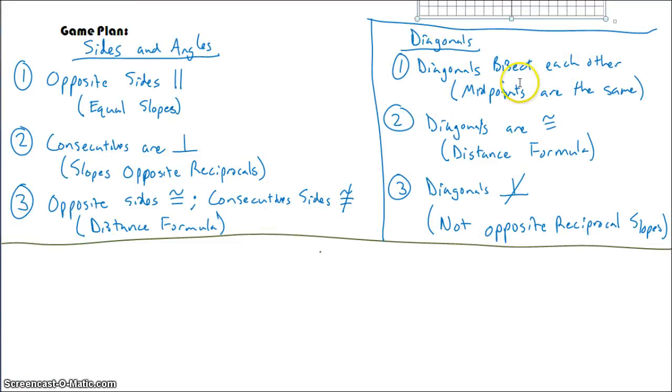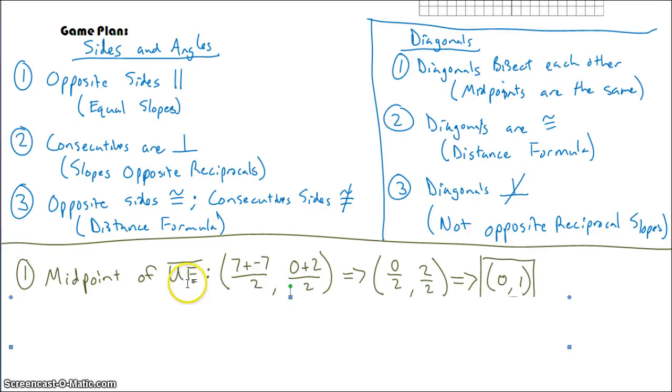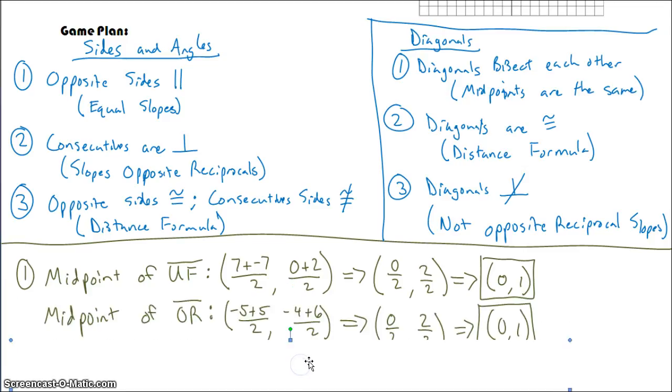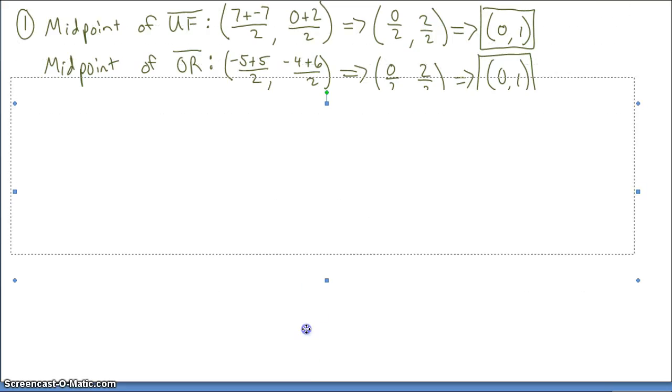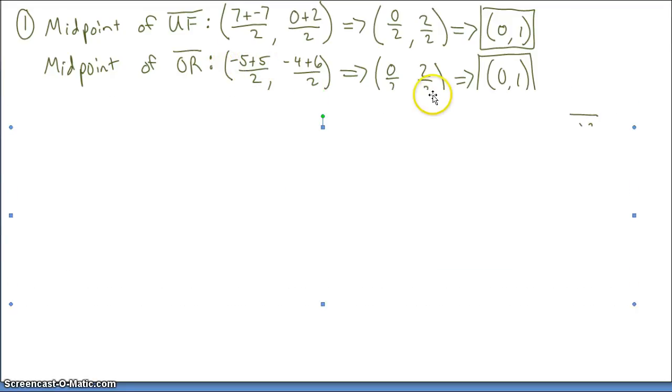Step 1. To prove that my diagonals bisect each other, I want to prove that their midpoints are the same. So I need to first show that the midpoint of UF, midpoint formula, add my x's, divide by 2, add my y's, divide by 2, is at 0, 1. And the midpoint of my other diagonal, OR, add my x's, divide by 2, add my y's, divide by 2, has to be the same.